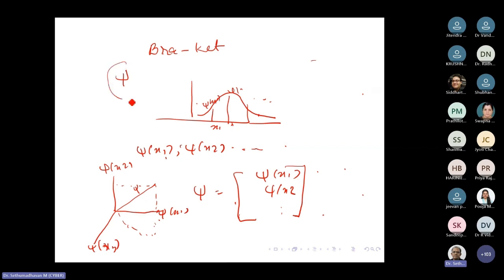So there are two ways I am representing. Either I can represent it as a psi function in this, or as a psi function in the case of linear algebra in this setup. Two ways I can represent. And this is a three-dimensional space I am talking about. In general, it may not be so.